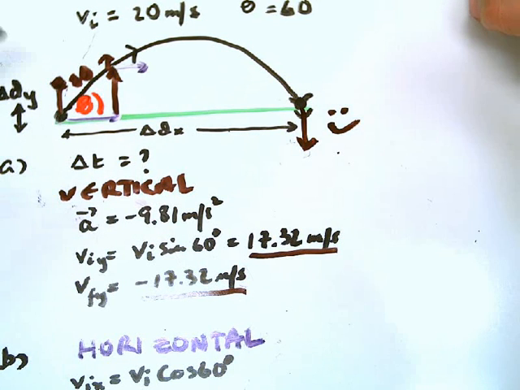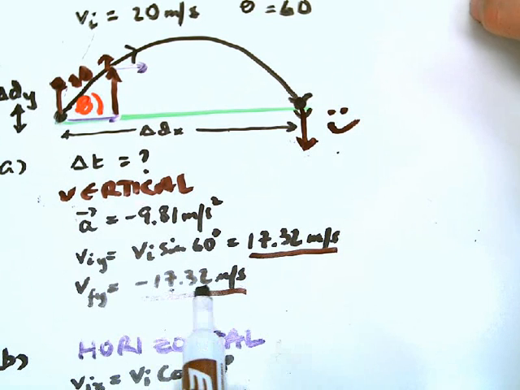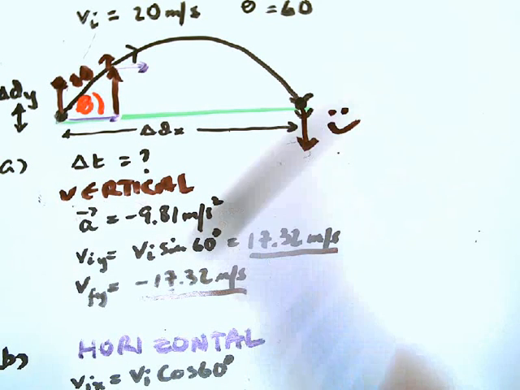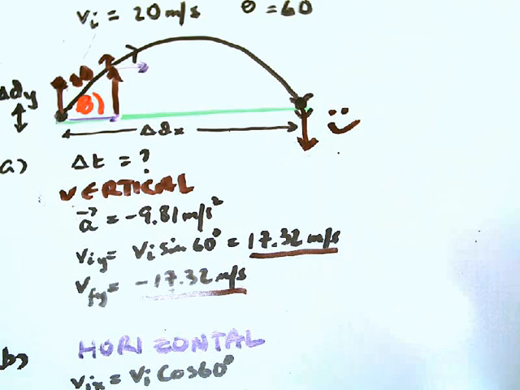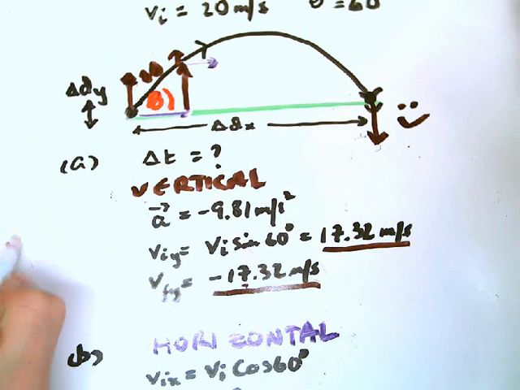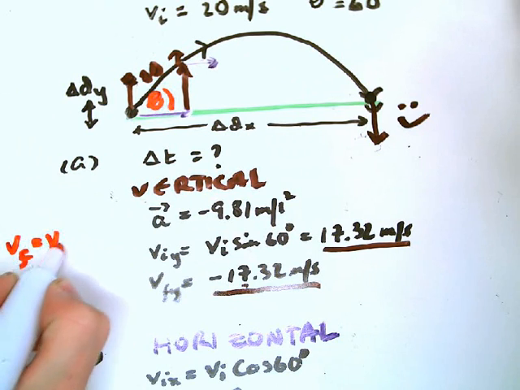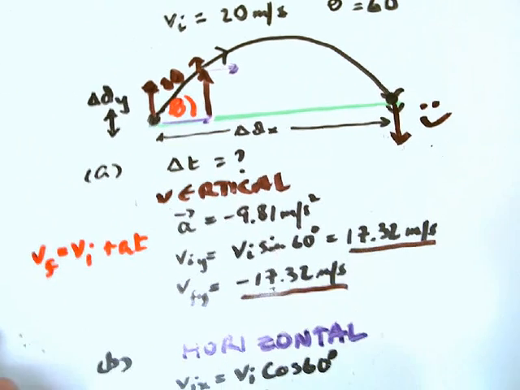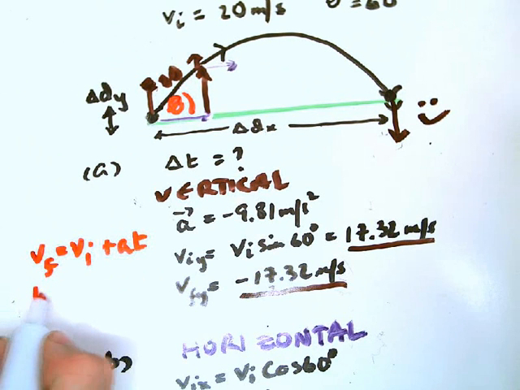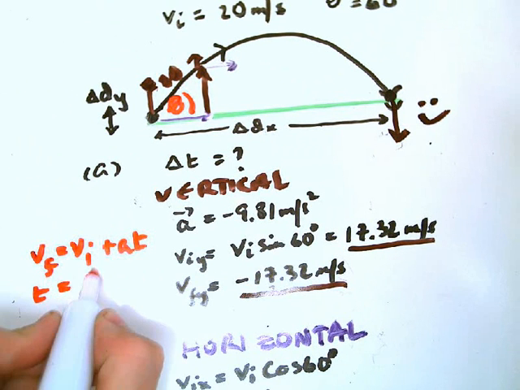Now we can use one of the big 5 here to isolate for t, and we're going to say Vf is equal to Vi plus at. We know that to be the case in the big 5 from previous, and so a little bit of algebraic magic is going to give us t is equal to Vf minus Vi over a.